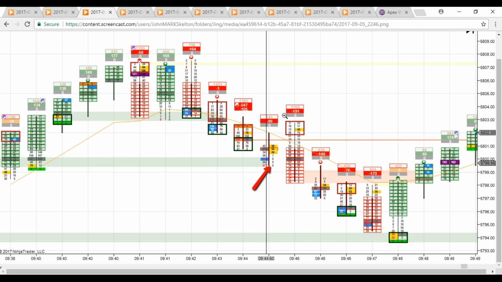Not every time, okay? But a lot of times we do have a pullback there, and you'll oftentimes see that pullback happen right after one of those quick bars or some thin number bars. Then that pullback will happen. So if you're ever wondering, okay, we had a little breakout of chop, it's not 100% of the time, but a lot of times when you're wondering, when will that pullback possibly be?